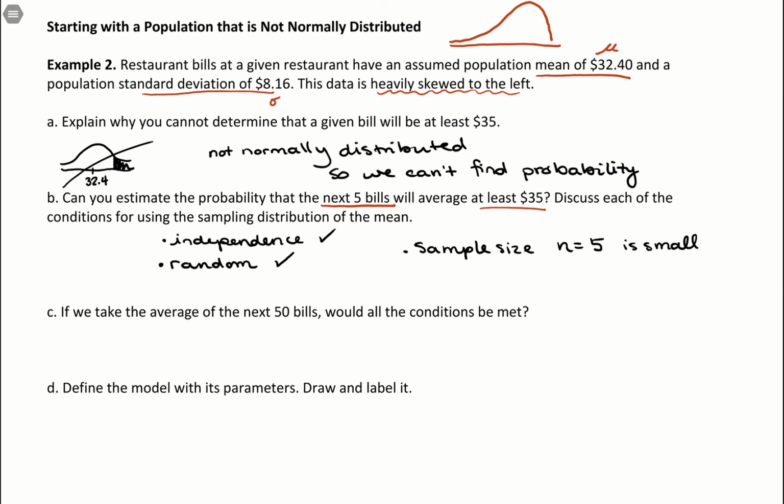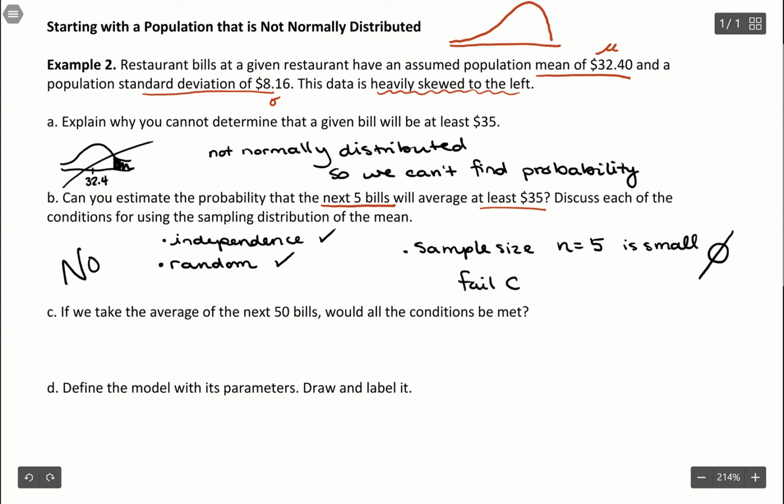And how we could bypass that before was our population was normally distributed, but we don't have that here. So if our sample's too small, we can't move forward. So our central limit theorem fails at the sample size condition. So can we estimate? Nope, because we failed the central limit theorem.